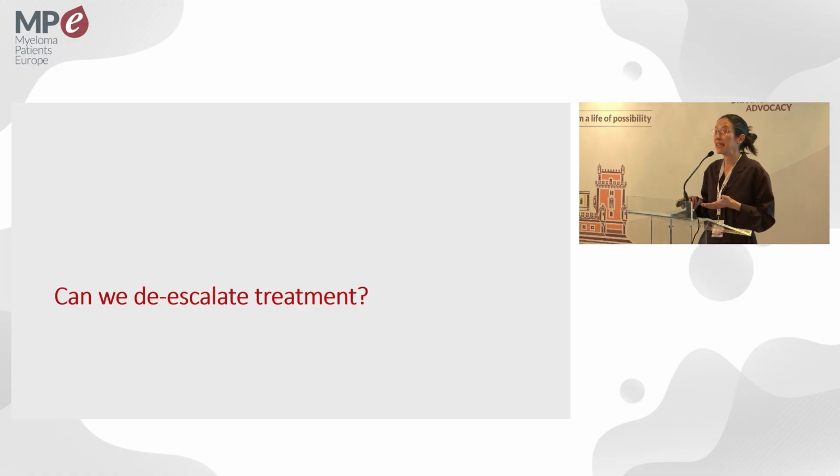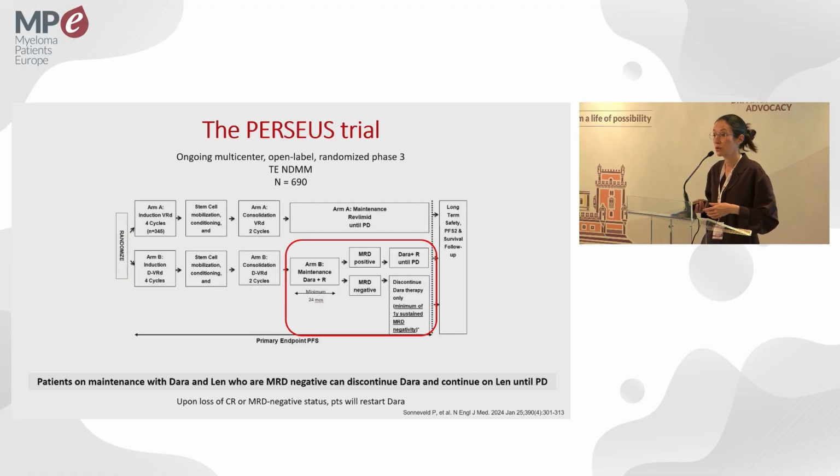Can we de-escalate the treatment? This is probably the situation that has been commented in more detail. Patients on treatment with sustained MRD negativity for 3 years: can we de-escalate the treatment? The example that you all know is the Perseus trial.